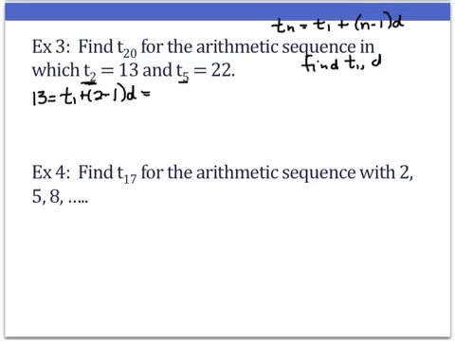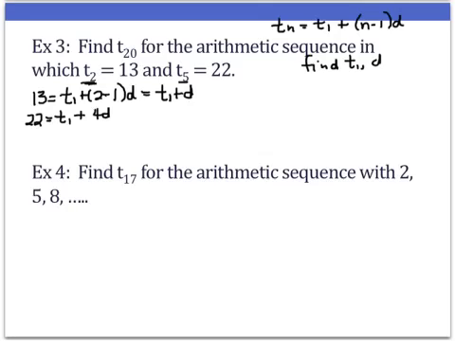That means the right side of my equation is T1 plus d. Okay, easy enough. And then we'll do the same thing with T5. Well, T5 is 22. We still need to know the first term. And if I substitute 5 into the formula, that gives me a 4, so 4d.